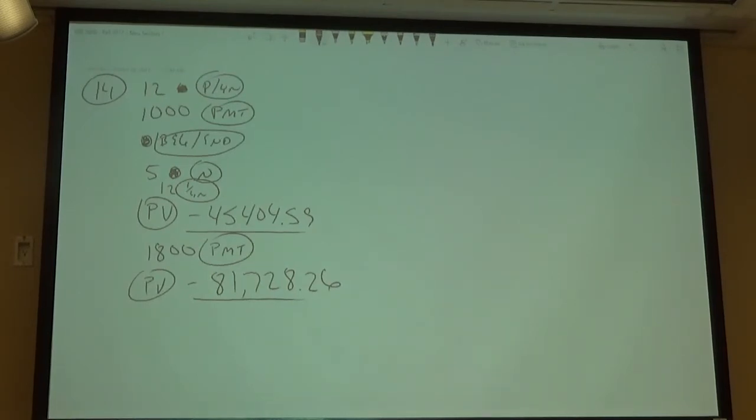Does that make sense, yes or no? Yeah. Okay, so what they're asking for is, what is the value, in essence, of that extra $800 a month for the 5 years? Well, by doing what we've just done, all we should have to do is simply take these two numbers, subtract, the 45,404.59.